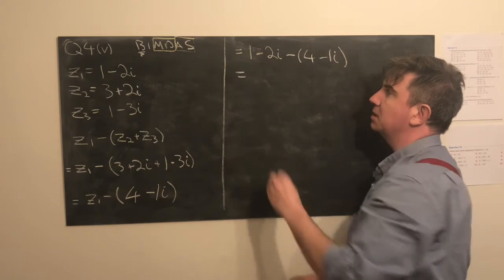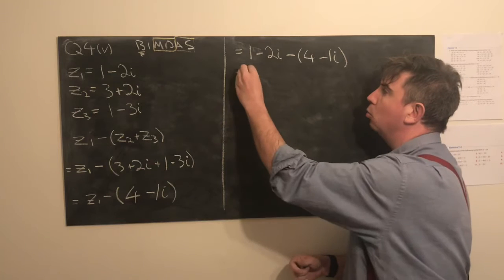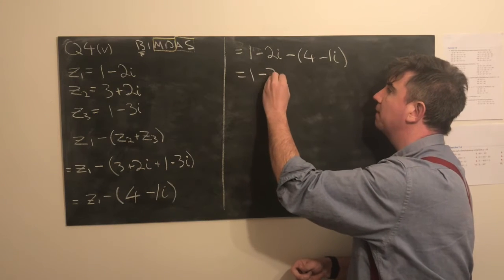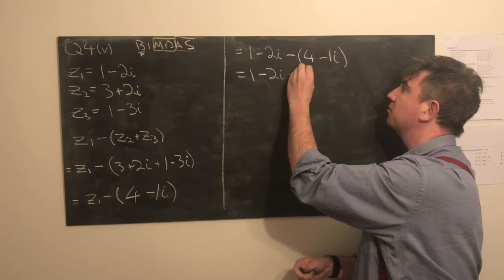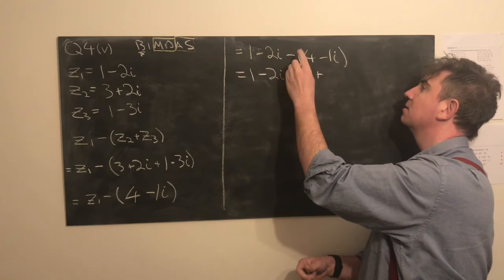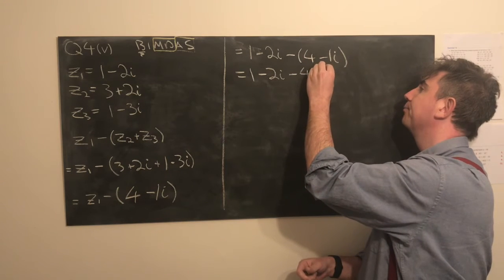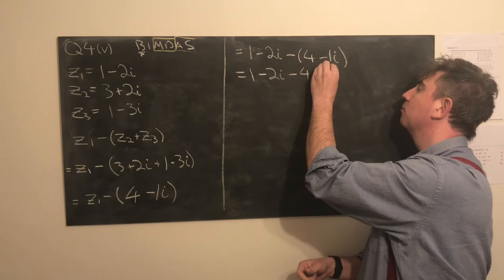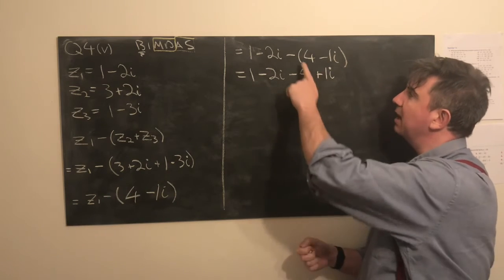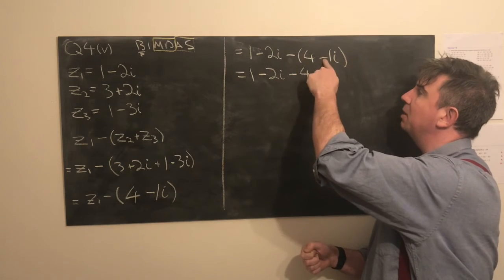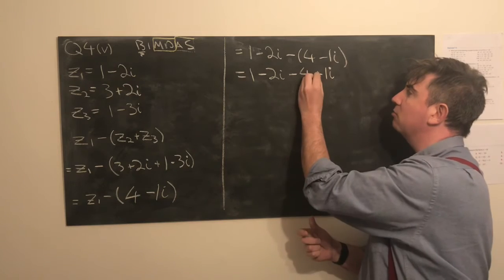So that's going to give me 1 minus 2i minus 4 plus 1i. Okay with that? We can see that we have a minus taking away a minus, we get a plus in there. So we'll look out for that, okay?